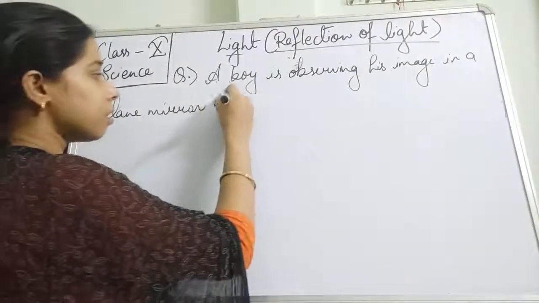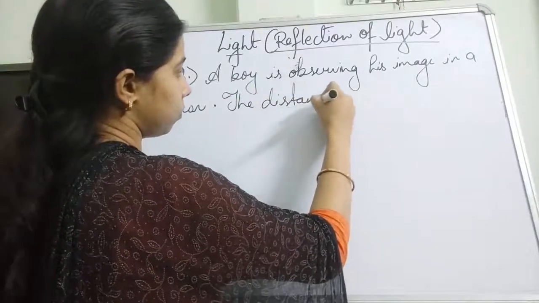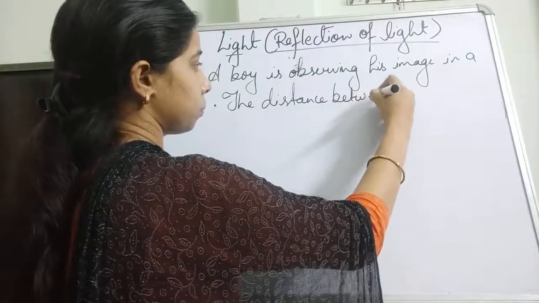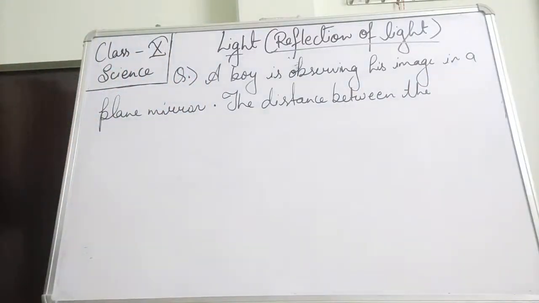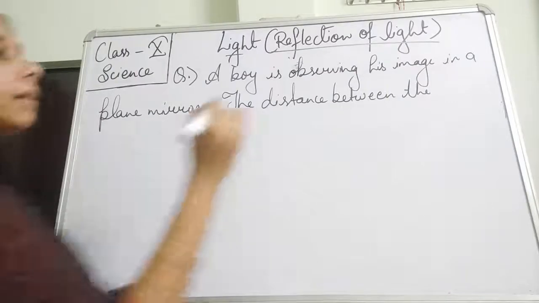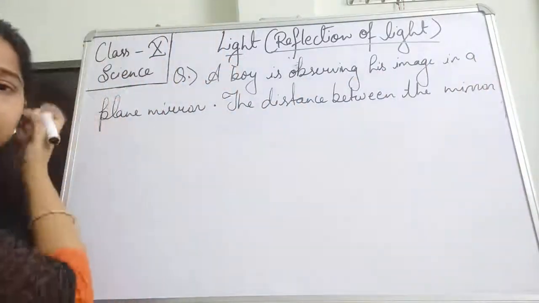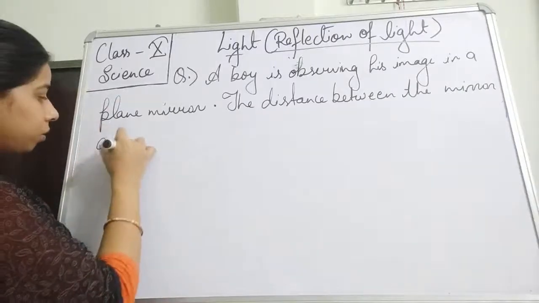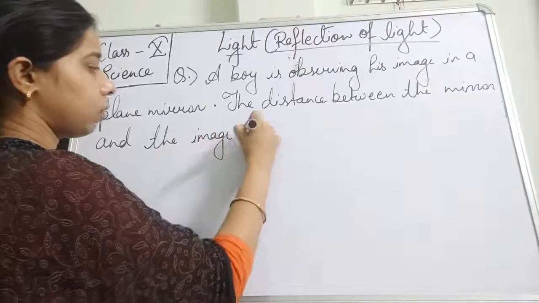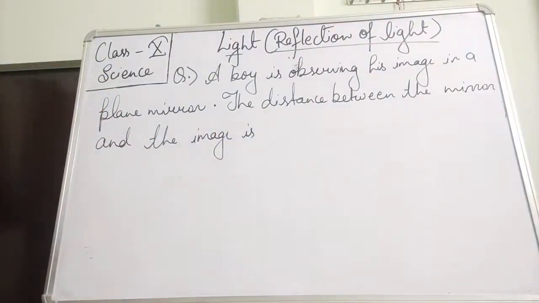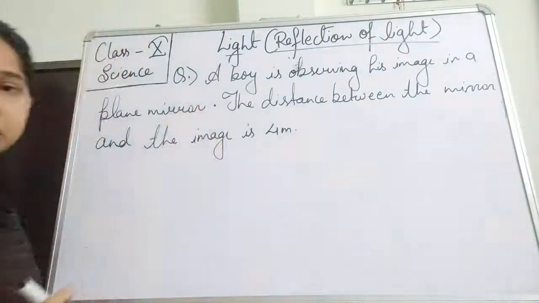The distance between the mirror and the image is 4 meter.